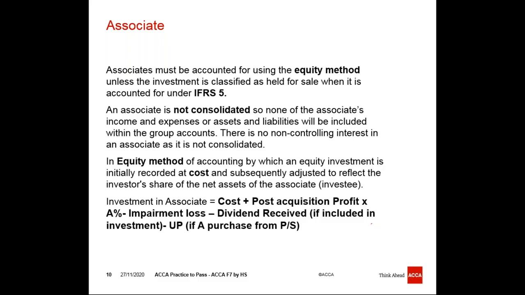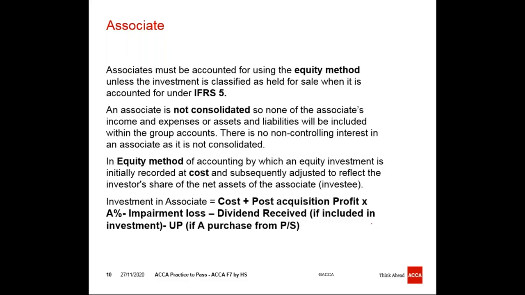Now, how do we measure the associate company under the equity method? First, note down that the associate should not be consolidated. We never consolidate the assets and liabilities and revenues and expenses of the associate company. We only consolidate parent and subsidiary companies.